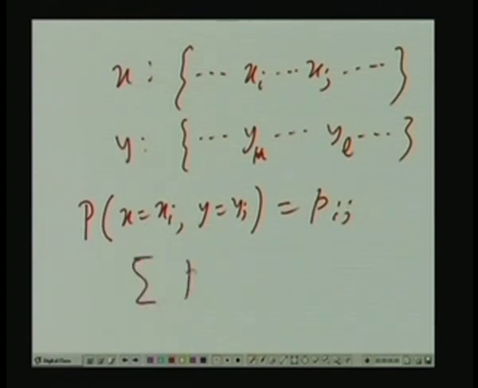Obviously, if I and j are put in a double summation, that should be equal to 1. And Pi, that is obviously Pik summed over all possible k's, that will be Pi.